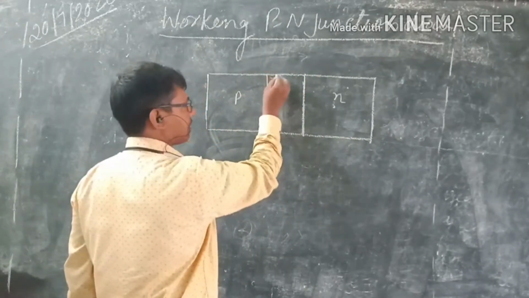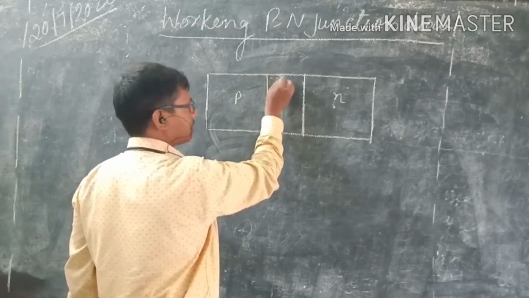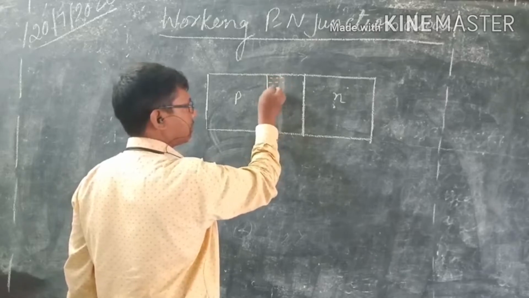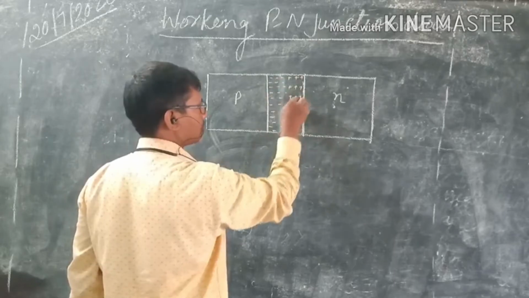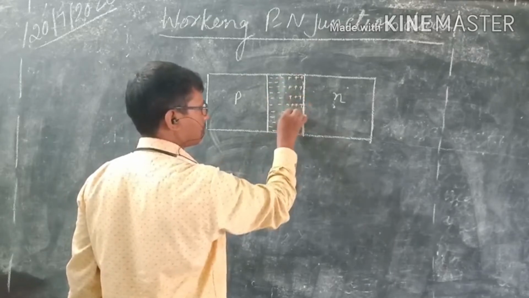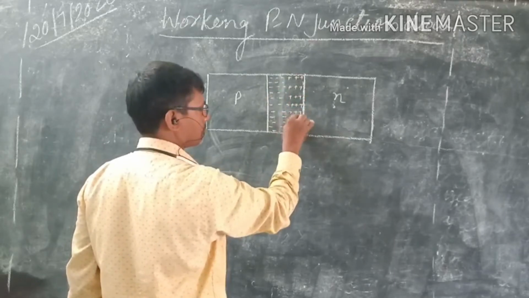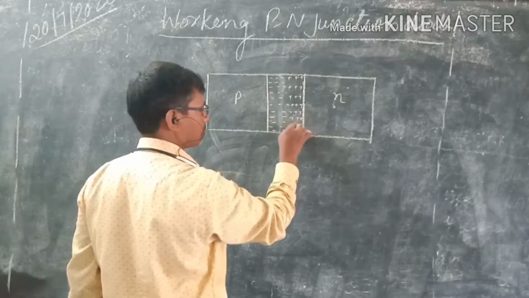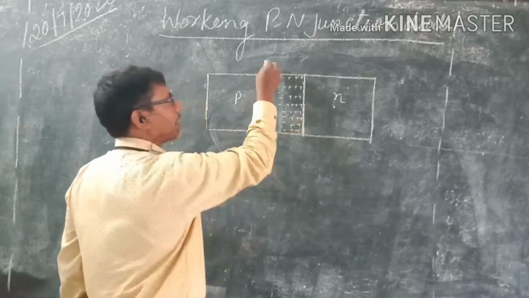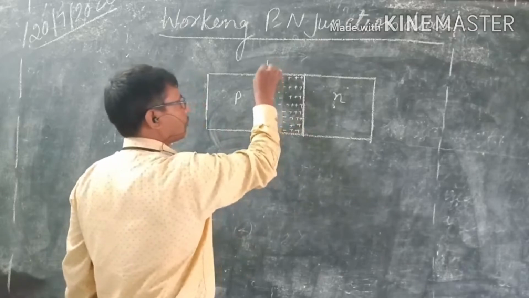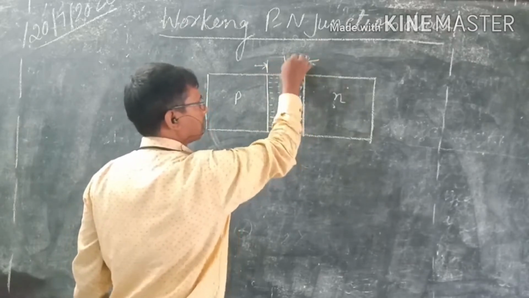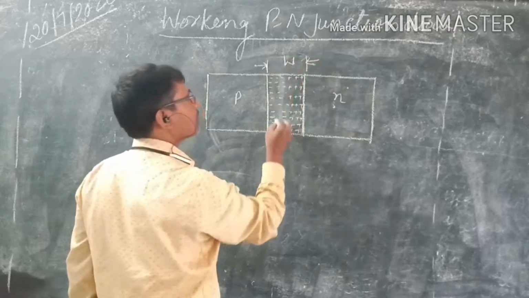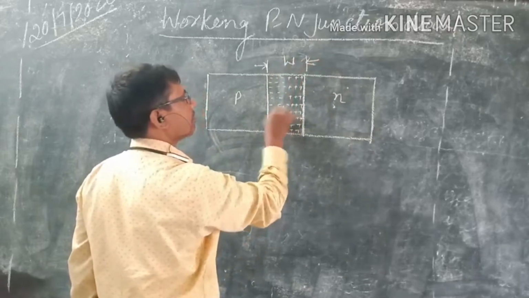On both sides there is a concentration of charged carriers, forming a potential barrier, and there will be a particular width of this depletion region W, having its barrier potential, say V0.